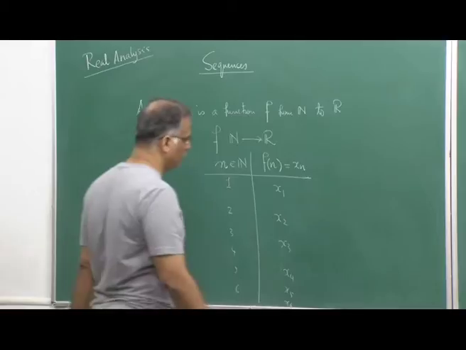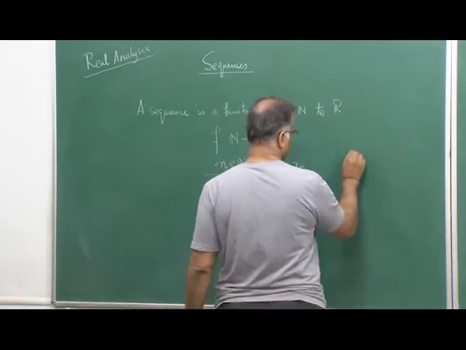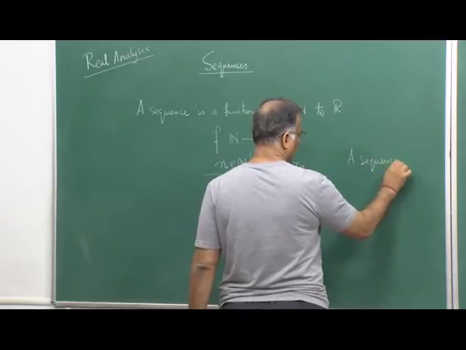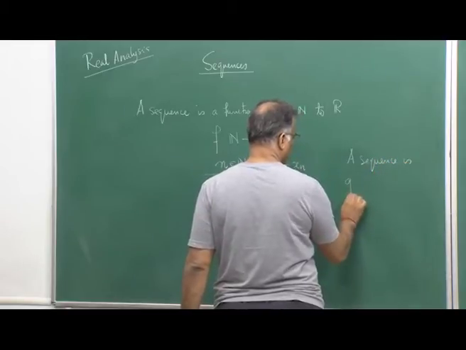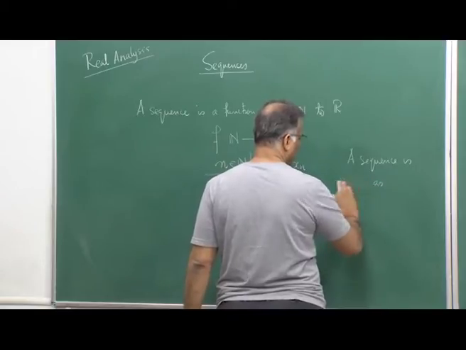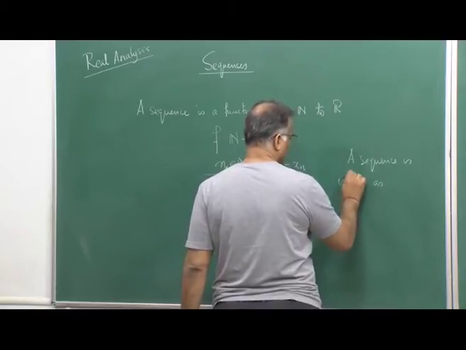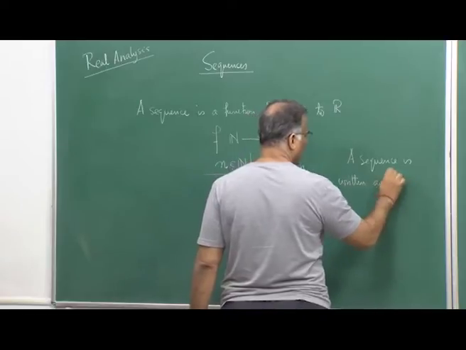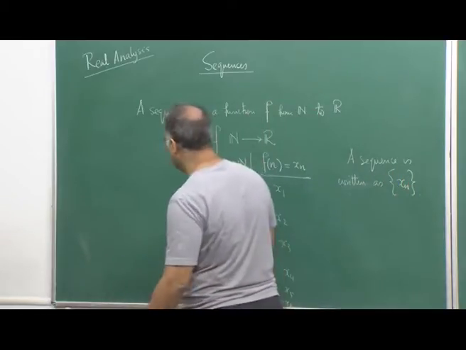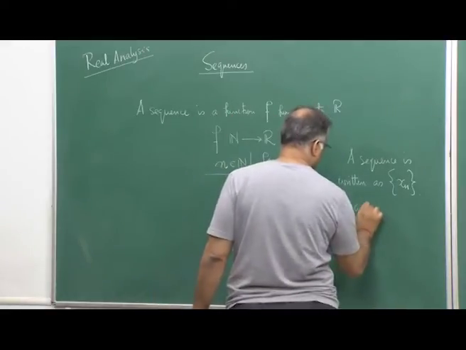So, usually a sequence is written as xn, wherein some people also write it like this.